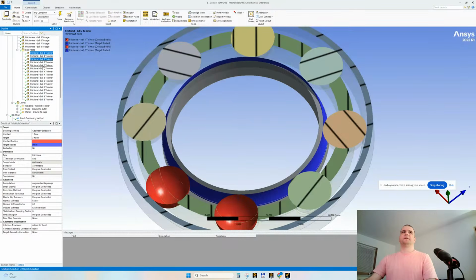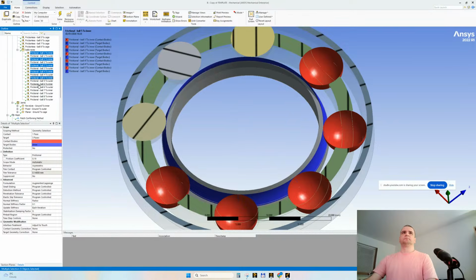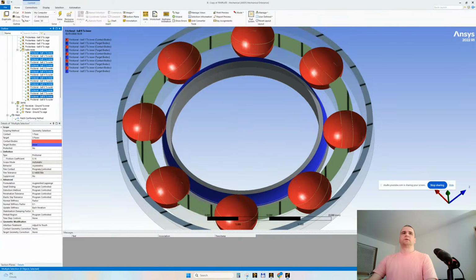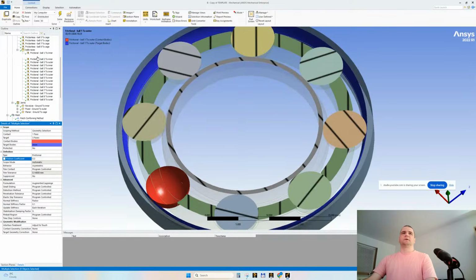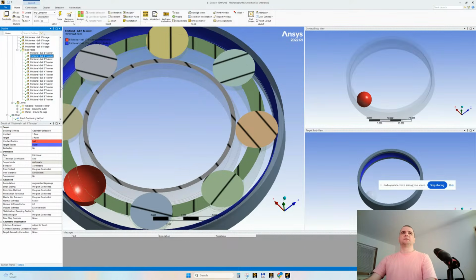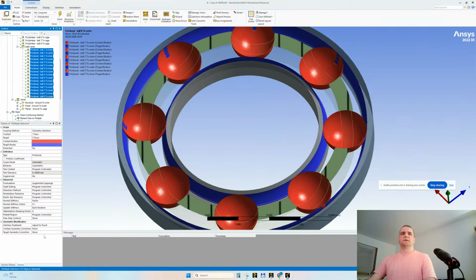So for the inner contacts, I would like to increase to 0.3. For the outer, let's leave it like this. Yes, and additionally, we have just a touch. All right, save.